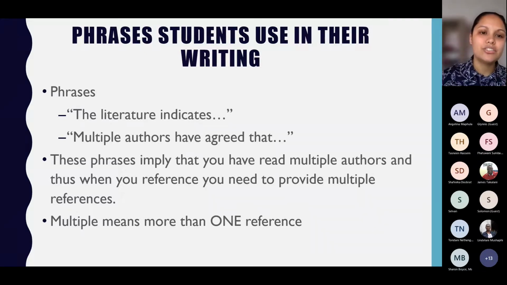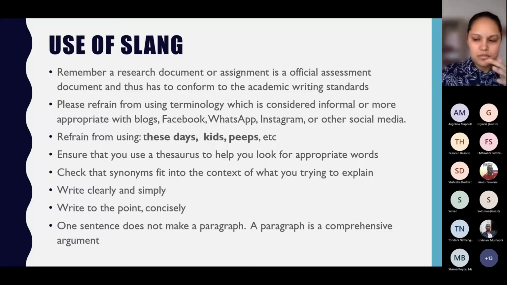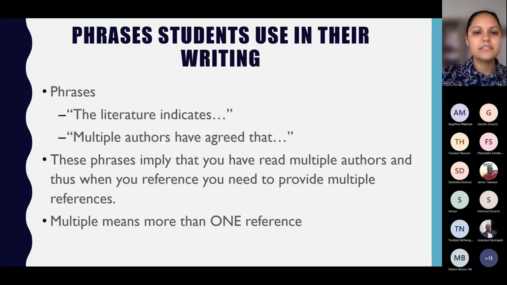So for phrases such as the literature indicates or multiple authors have agreed, provide 2-3 references to substantiate your argument, right? These phrases are often used, and we need to be careful when we use them, because please, if you're going to make an argument, tell us who it is that you have read so that we can give you credit for having read those articles, right?